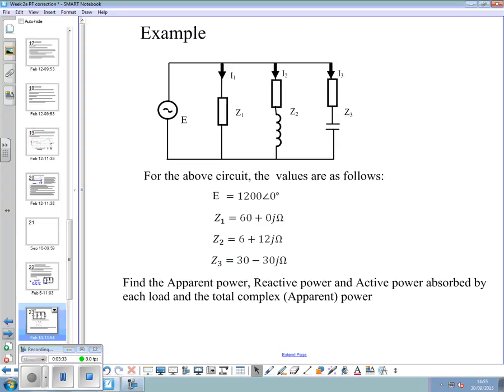So what we're going to do, because that will all become a bit clearer, is go through an example. But I thought before I do that, I'll just do a whistle-stop tour of complex arithmetic in both polar and rectangular form, so we just know what the maths is like.